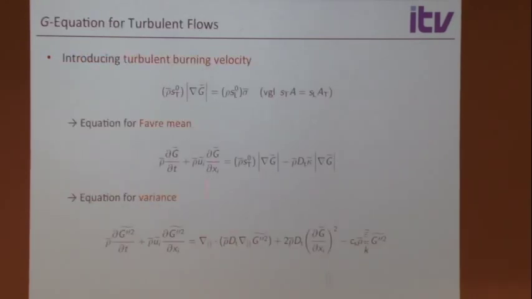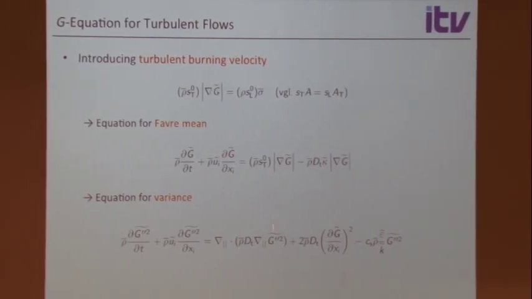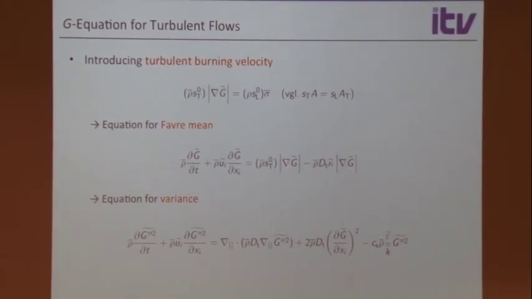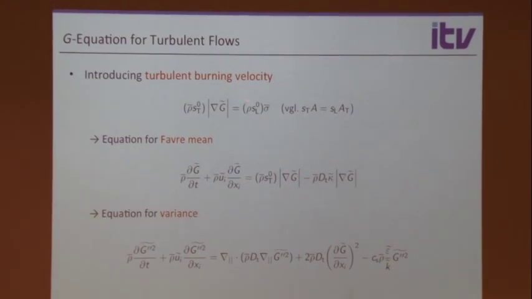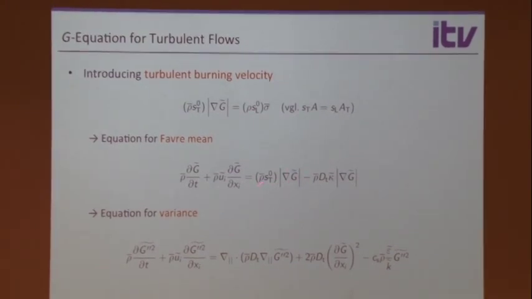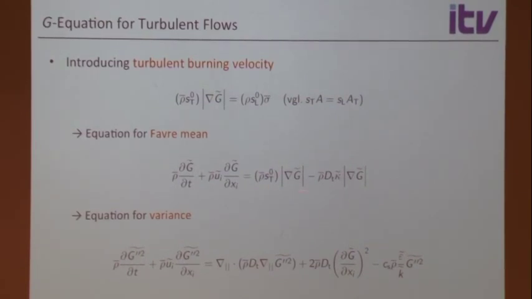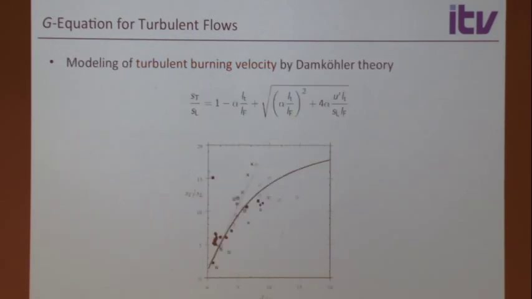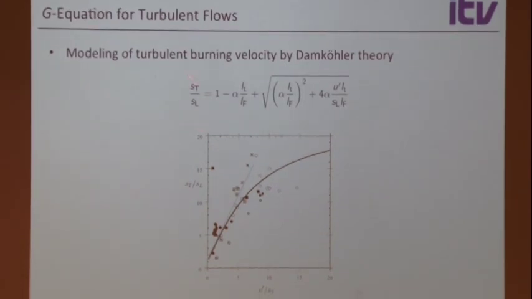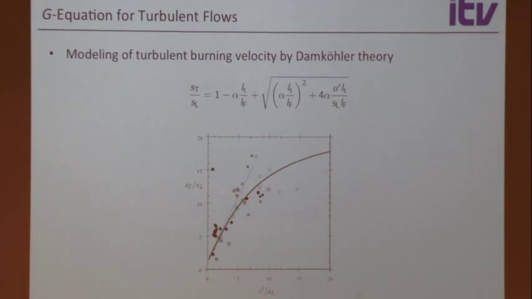And then we have these different equations here, where we introduced the turbulent burning velocity. In the last lecture, we had a model for that also. And so then these equations would be closed and could be solved in the RANS context. In the LES context, things look a little differently, but not very much. Again, this was the ST formula we had earlier, and that can be just used now.